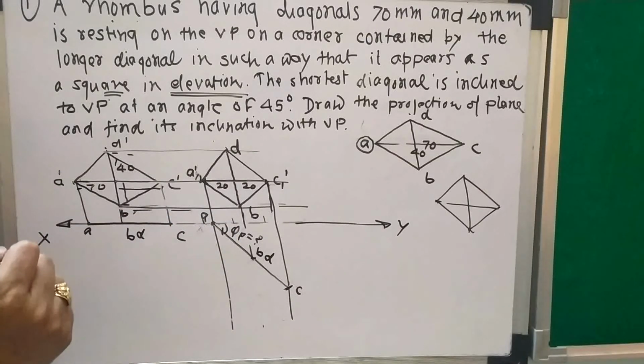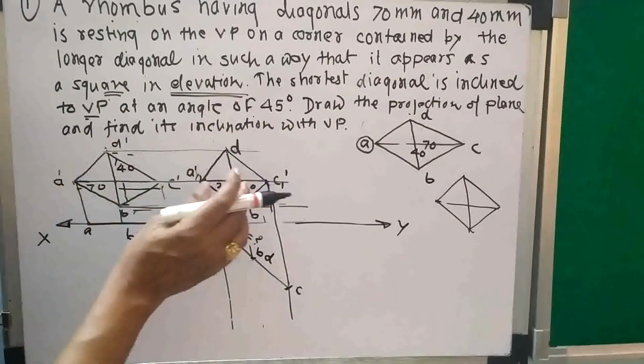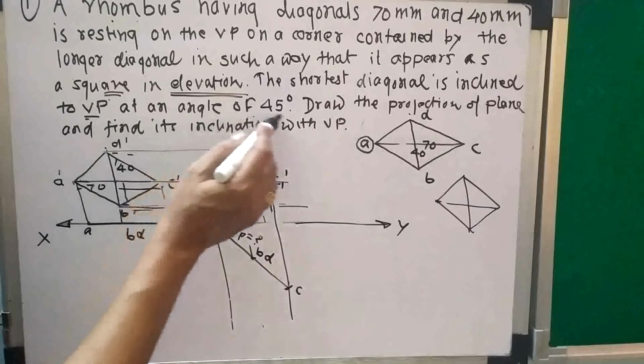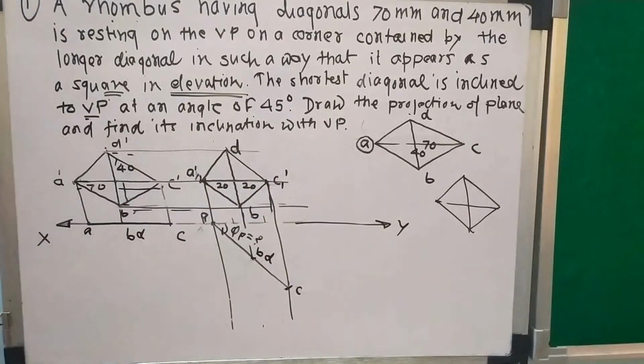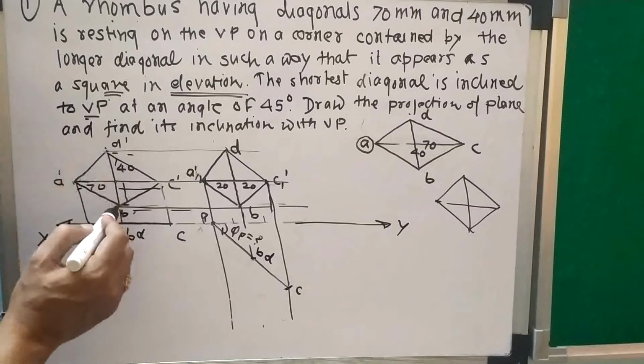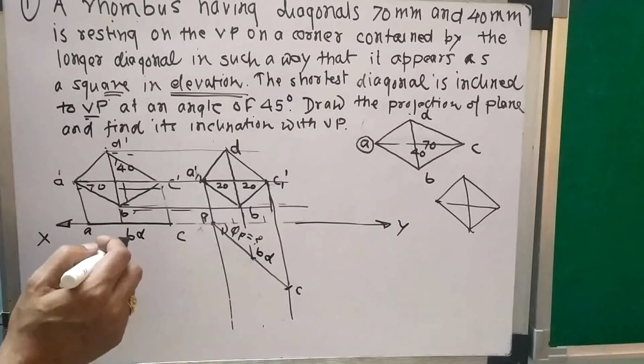Then the second condition, what is given: the shortest diagonal is inclined to VP. So this is the shortest diagonal at an angle of 45 degree. Now this shortest diagonal is inclined to VP, right?